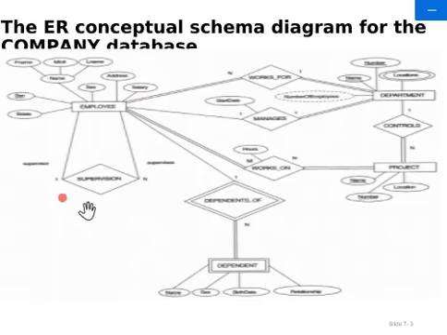But whenever we are drawing a unary relationship, we have to write the role names, because only one entity is participating in this relationship, and this entity has different roles. One same entity is participating but in different roles, different characters. That's why we have to mention the role names whenever we are dealing with the unary relationship.